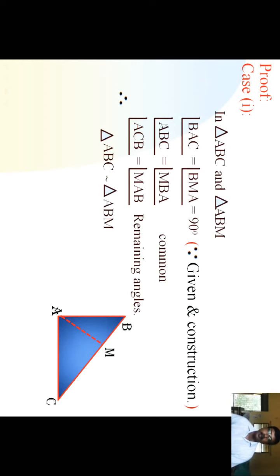So let us find that AB in the mother triangle and the same AB in the baby triangle also. If you take the line joining vertices A and B as one of the sides AB, the corresponding side of this AB is MB.